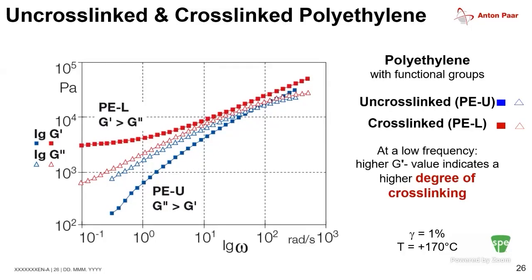The differences show up, though, at the lower frequencies, where we see that the cross-linked polyethylene starts to have a plateau in the storage modulus at lower and lower frequencies, whereas we don't see that. We see a crossover point, so we have instabilities due to there being no cross-linking agents in the blue data, which is the uncross-linked polyethylene. So again, seeing differences can give us a gauge of the material response.